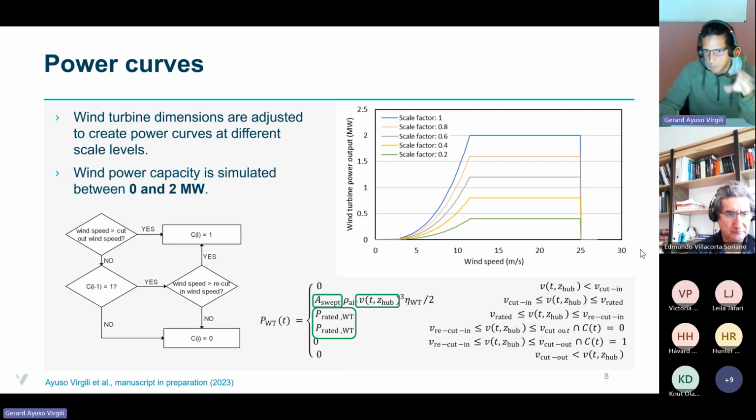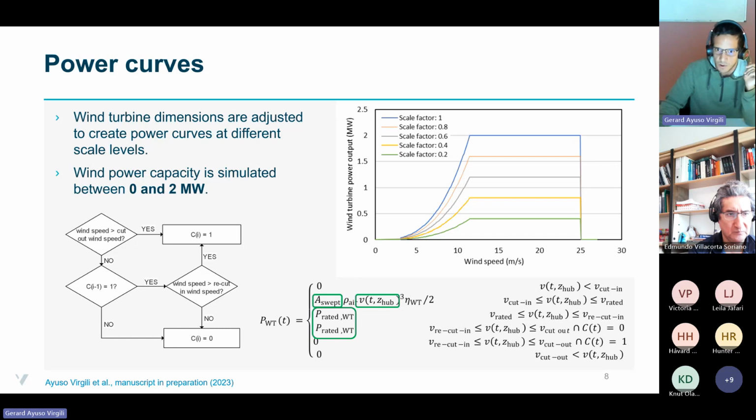And then we adjusted a couple of parameters, mainly the hub to tip radius of the blades, and then the power capacity limit of the wind turbine. So this means that both the swept area and the upper limit will be affected depending on the scale of the wind turbine.